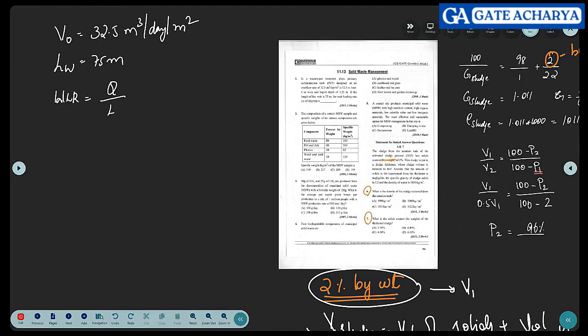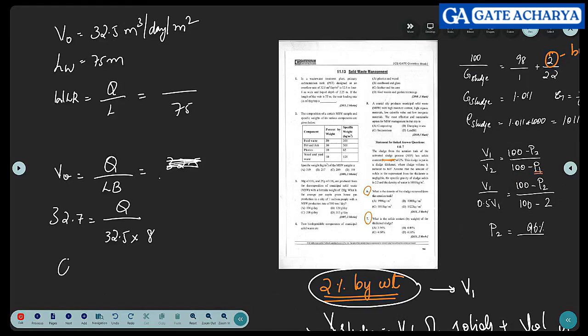Okay, so discharge is not given. V0 is nothing but the discharge per unit surface area. 32.5 is equal to discharge divided by surface area. What about the length? 32.5 and breadth is 8 meter.